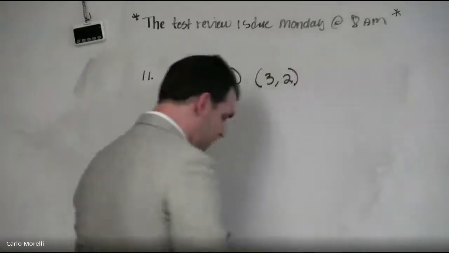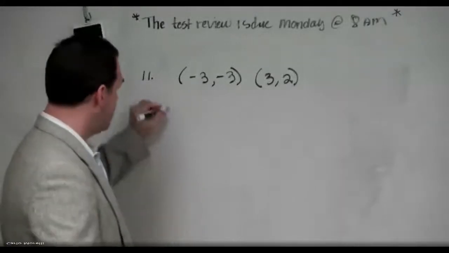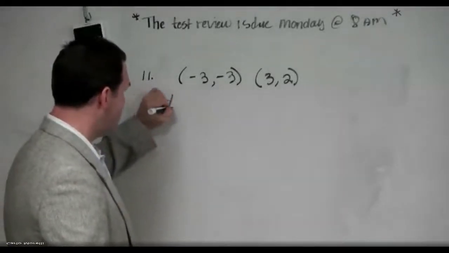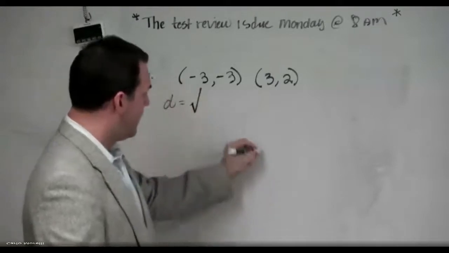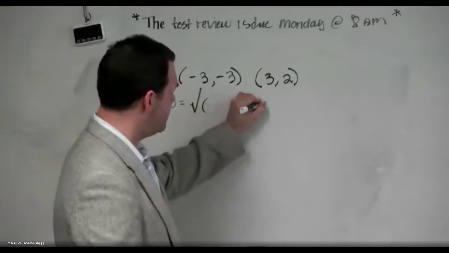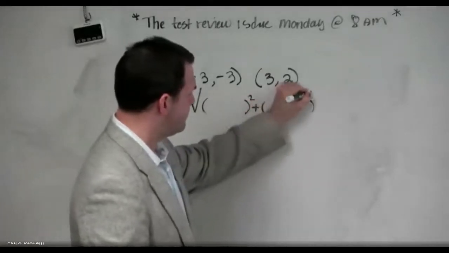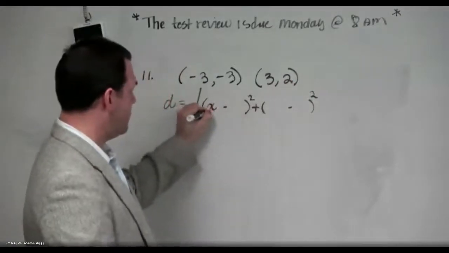So just a couple days ago or yesterday, we learned the distance formula. And so we need to write that next. The distance formula is equal to the square root of the sum of the squared differences of the x and y values.